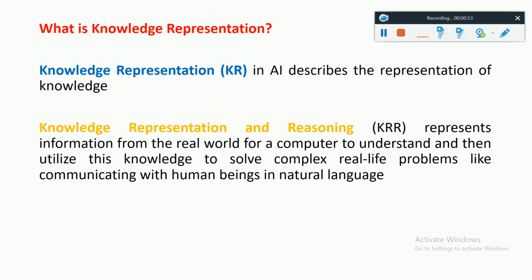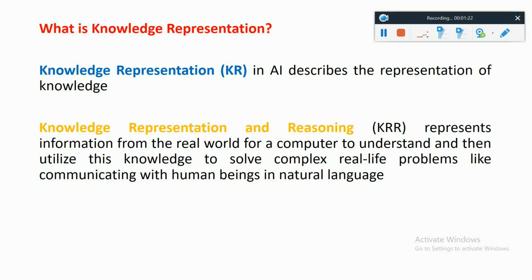That means knowledge representation is not just storing the data in any database, but also allowing the machine to learn from the knowledge and behave intelligently like any human being does. And the second important point is knowledge representation and reasoning.